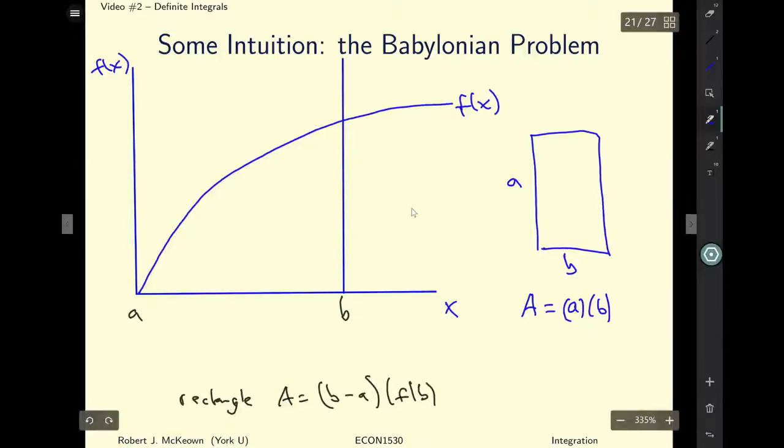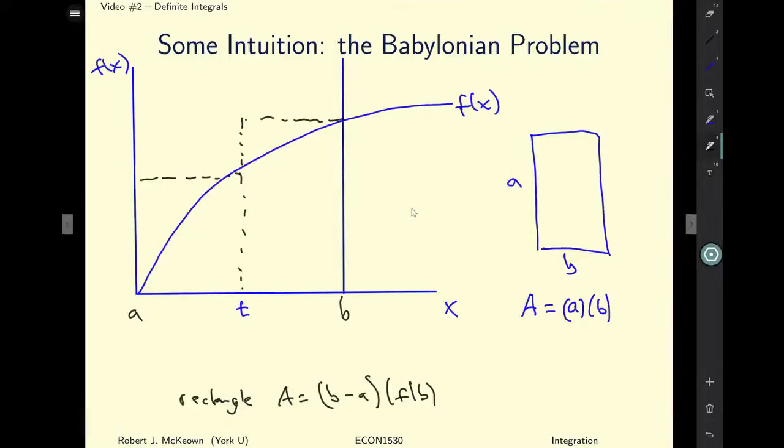Now, let's suppose we cut this in half. So we've got one rectangle that is going to be this size, and we're going to have another rectangle that's this size.